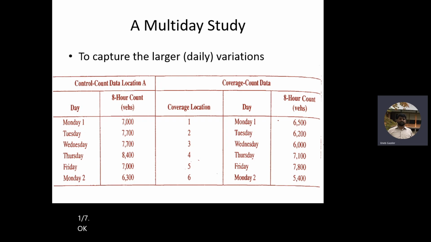Okay. Now each factor is a ratio of average upon the count, right?